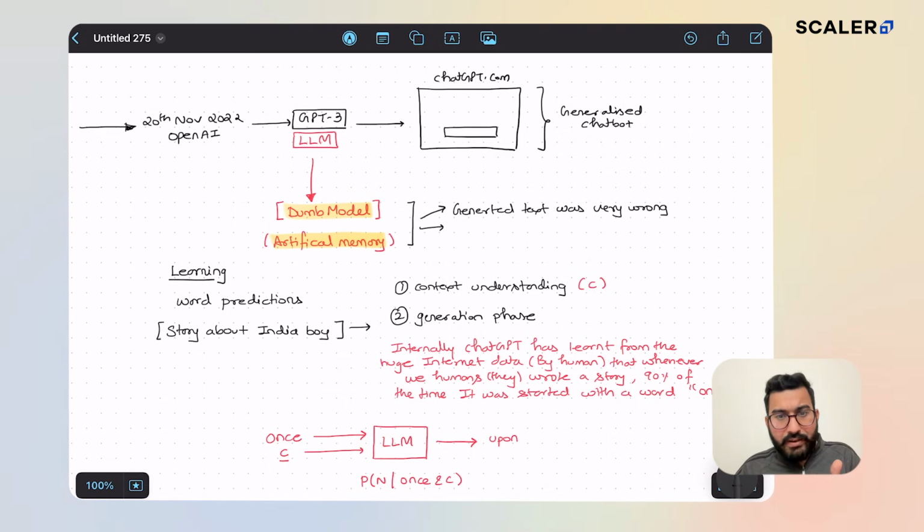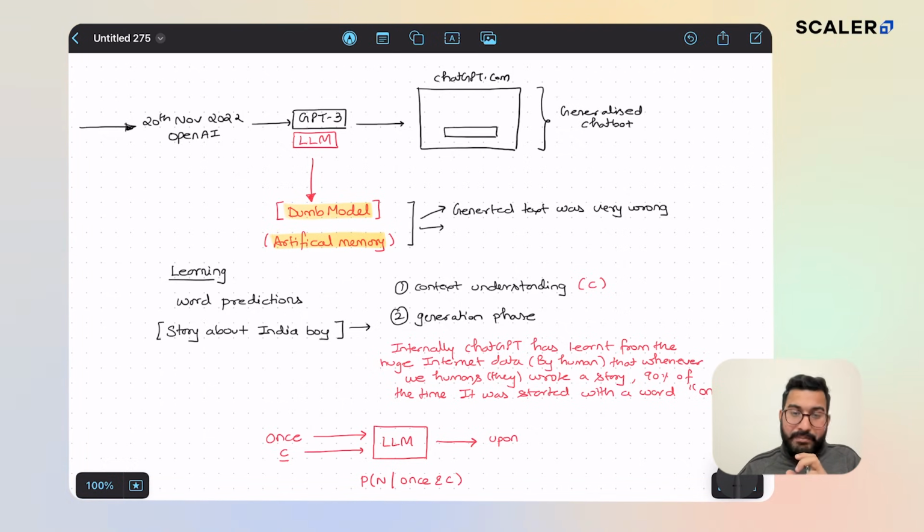It is a predictive model, it is just predicting. And that is the reason even today a lot of people face the problem of hallucination, which basically means ChatGPT can generate something which in reality is not present, or is not true.